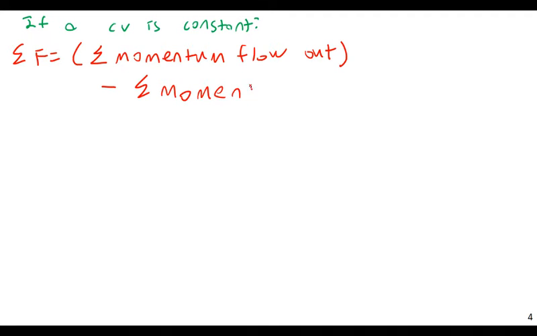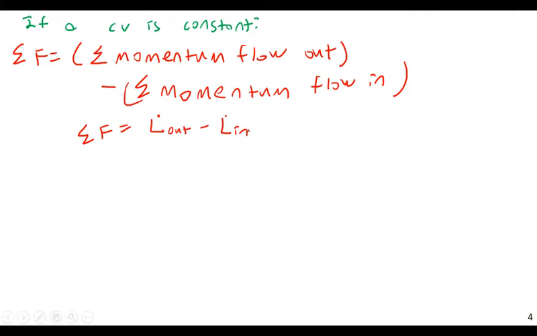That makes me a little happier. So basically, this could collapse to the summation of forces. If I'm using capital L for linear momentum, I would say something like L dot out minus L dot in.